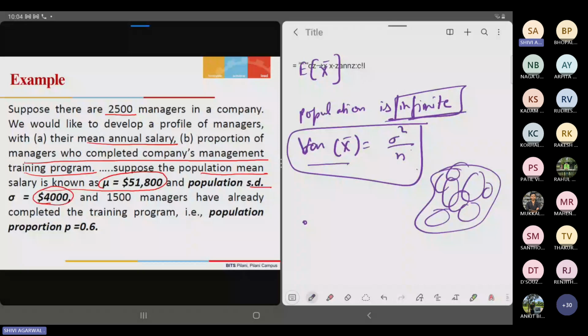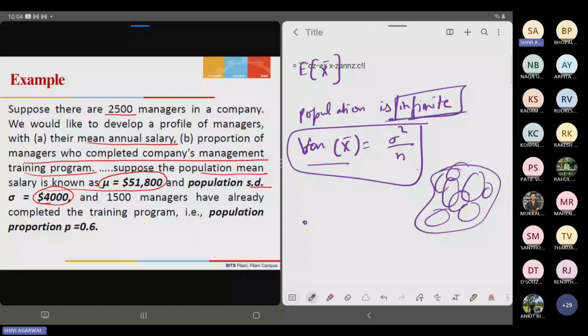Just give me a second. Okay, try to rejoin. The slides are visible now.